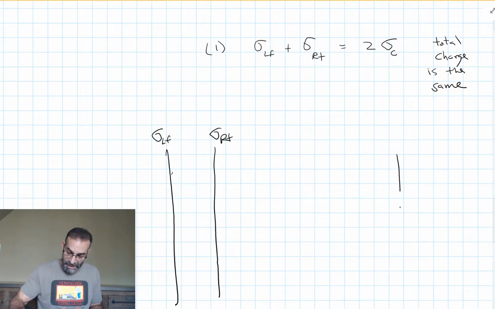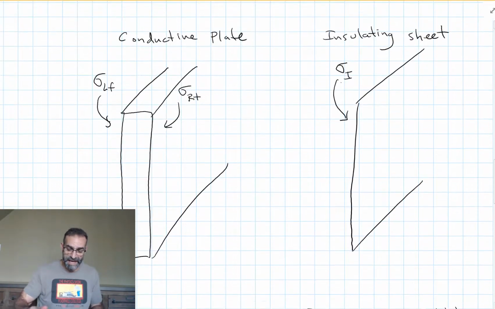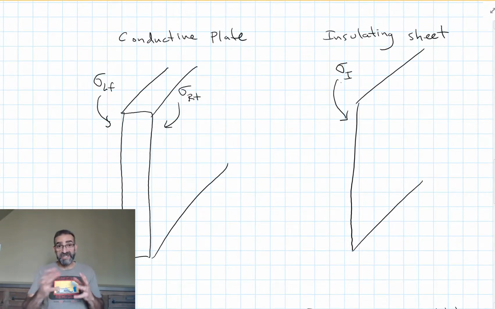And I know I've got my insulator over here, sigma I. And I can look at the electric field everywhere based on these 3 infinite insulating sheets of charge. I can only do that once these charges stop moving, once they've redistributed themselves and I know what they are.